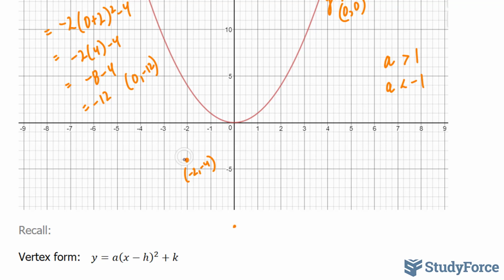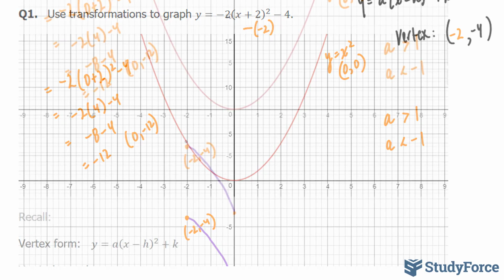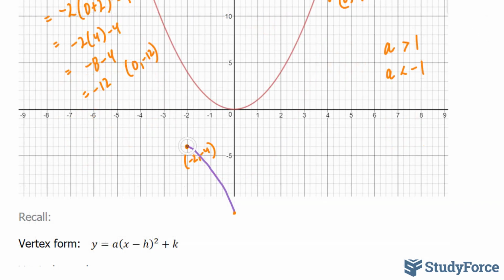So what we can do next is connect this point with that one. And since our a is negative, we know that there's going to be a reflection. In other words, our original parabola, which is facing upwards, will start to face downwards. That being said, I can find the distance from here to this point, which is a distance of simply 2.